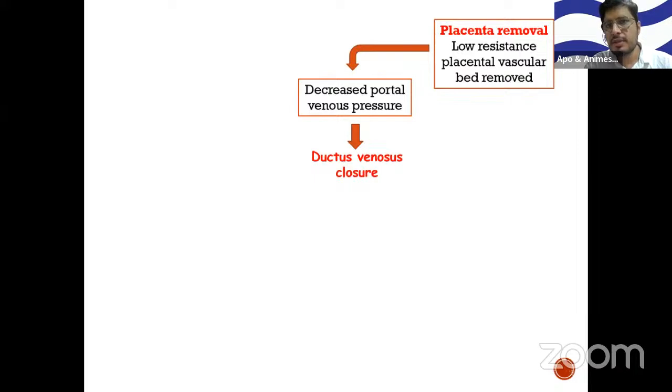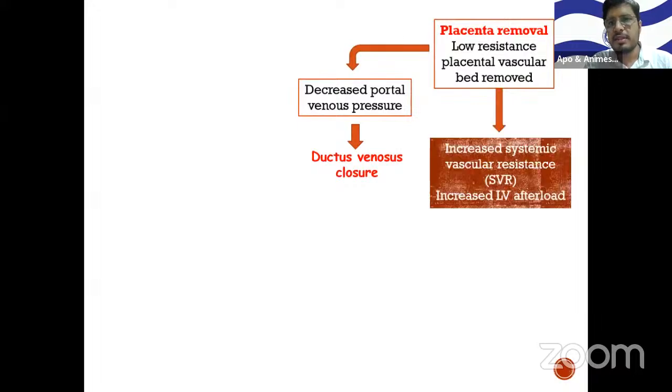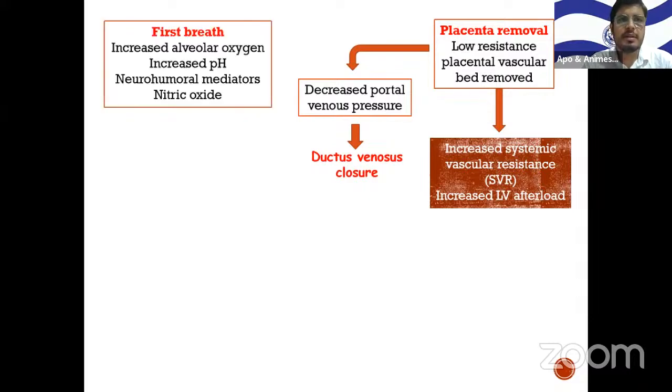Next impact: since the low resistance placental bed is removed from the circulation, the systemic vascular resistance drastically increases. So it also leads to increased afterload to the left ventricle. The second important thing that happens at birth is the newborn takes the first breath.